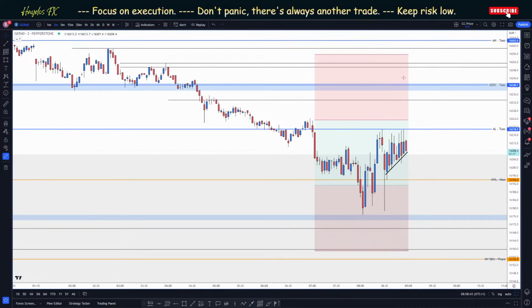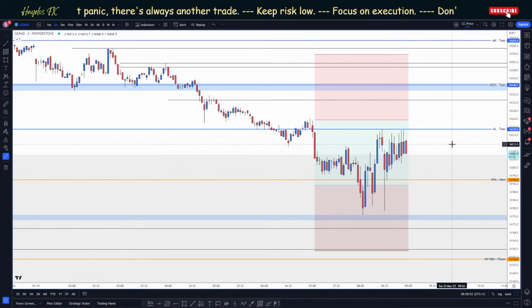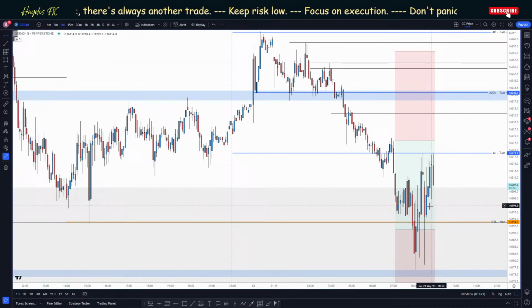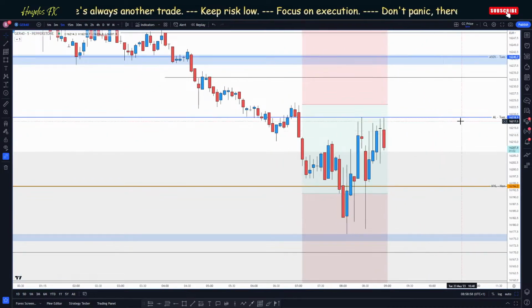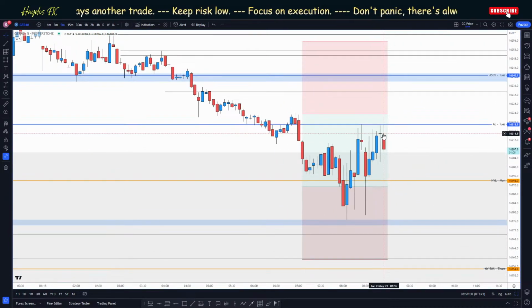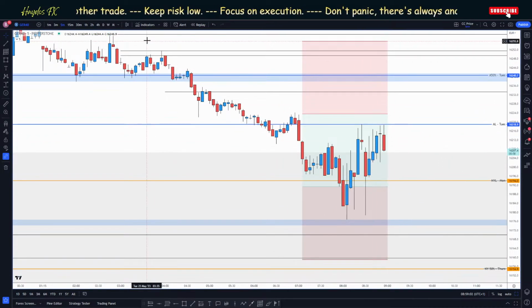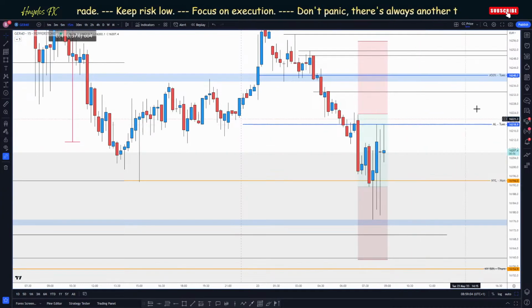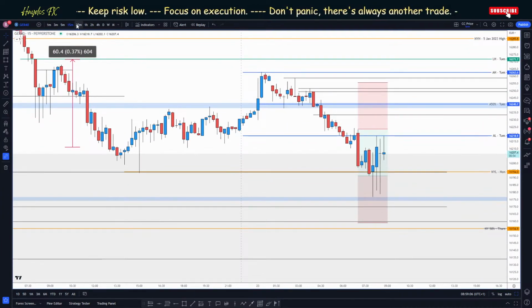Yeah, ideally. Definitely. I agree. Because the volume's so low, we kind of need to use these higher time frames to gauge where we're at.